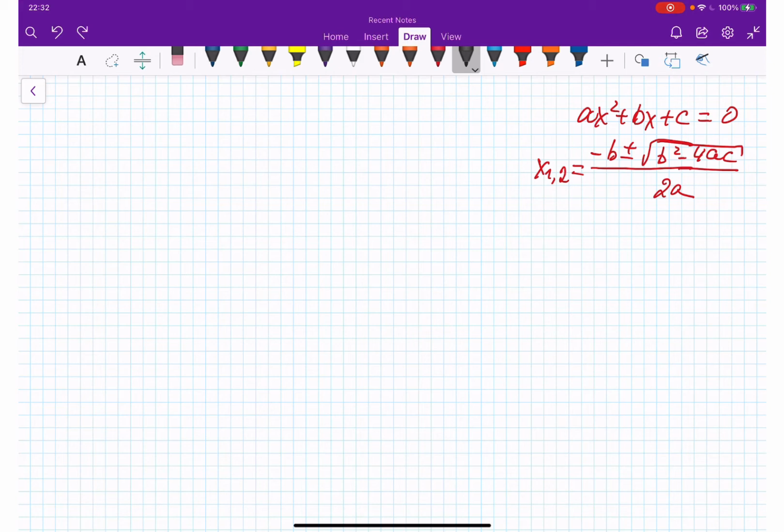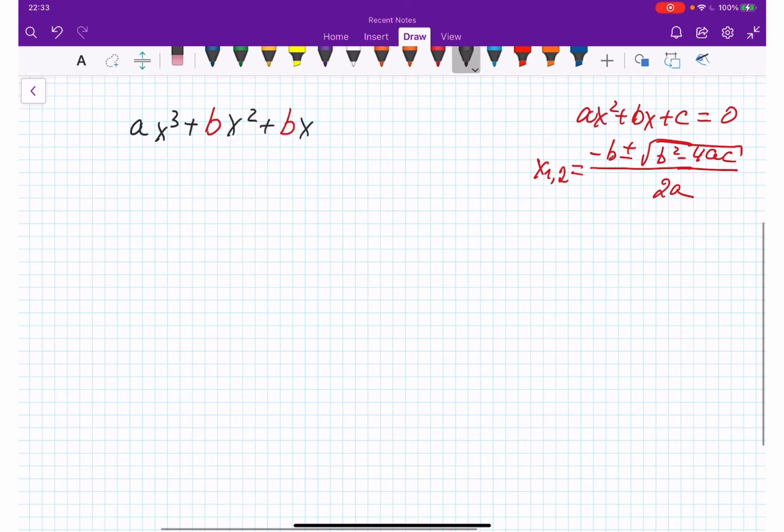The general form is the following: ax³ + bx² + bx + a = 0. So what is important here?